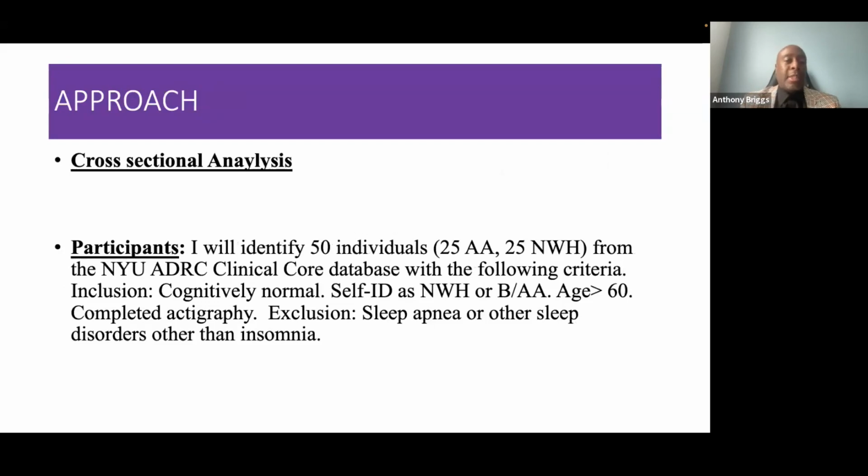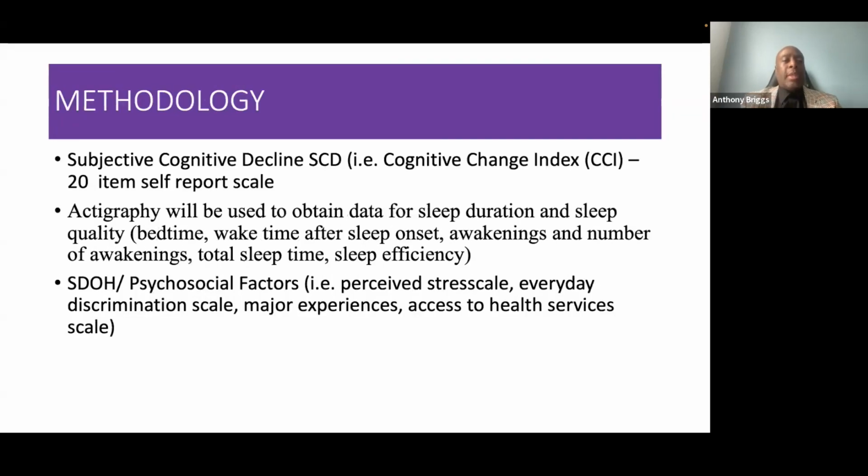For my approach, I'll use a cross-sectional analysis, and I will identify 50 individuals, 25 African Americans and 25 non-Hispanic whites, from the NYU ADRC clinical core database with the following criteria: cognitively normal in both demographics, over the age of 60, they have completed actigraphy, and they have no issues of sleep apnea or other sleep disorders such as insomnia. For the methodology, I'll use the Cognitive Change Index, a 20-item self-report scale, for subjective cognitive decline.